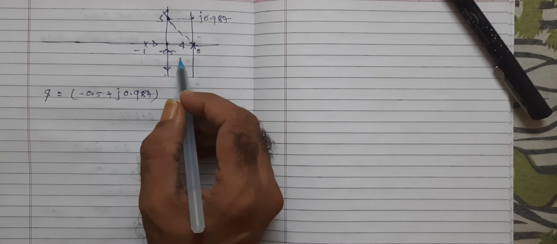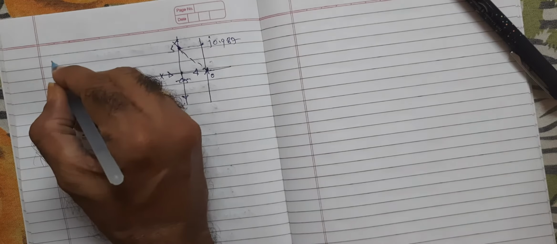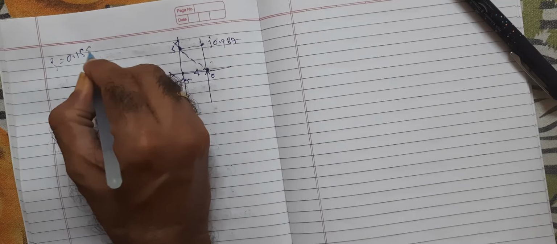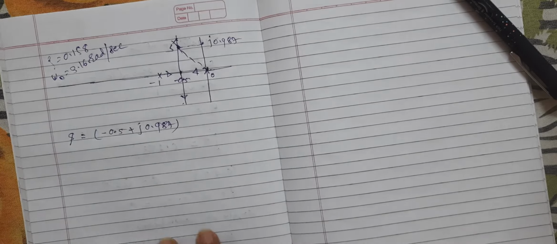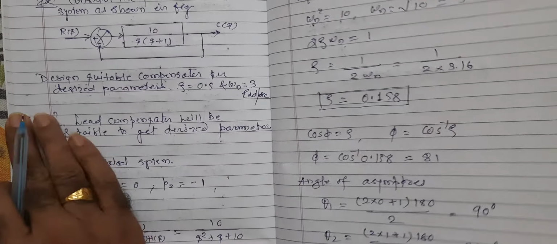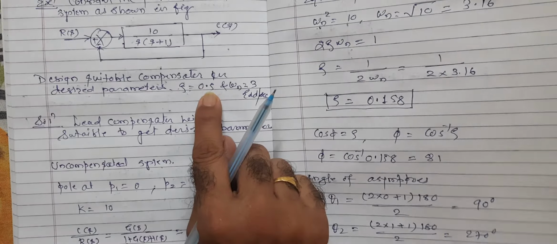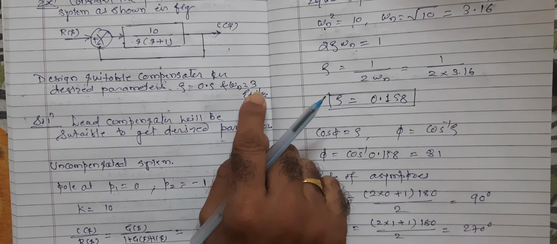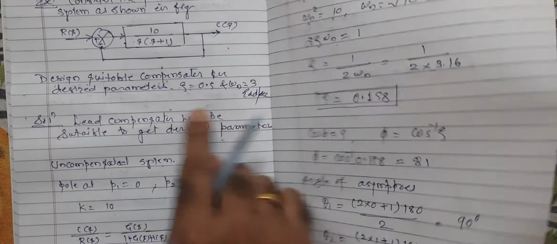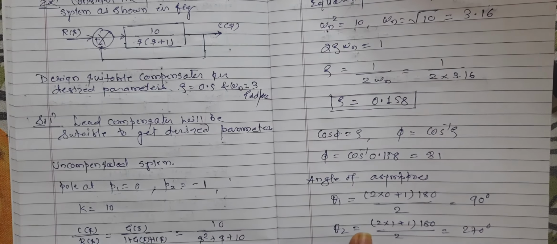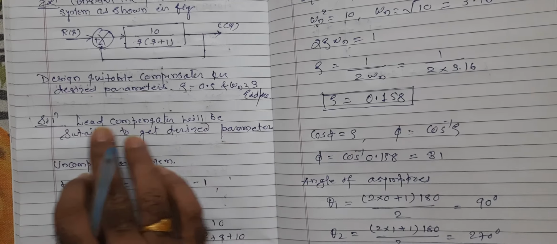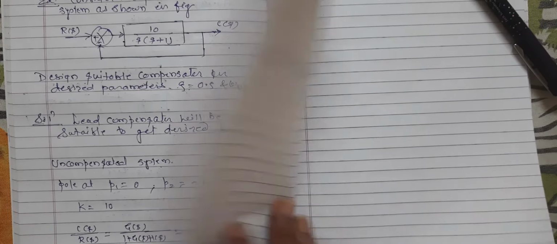Because in this case zeta is 0.158 and omega n is 3.16 radians per second for this root locus, which is the root locus of the uncompensated system. And for the compensated system we require zeta equal to 0.5 and omega n equal to 3. So for these parameters we have to design the compensator, and that compensator becomes our lead compensator.